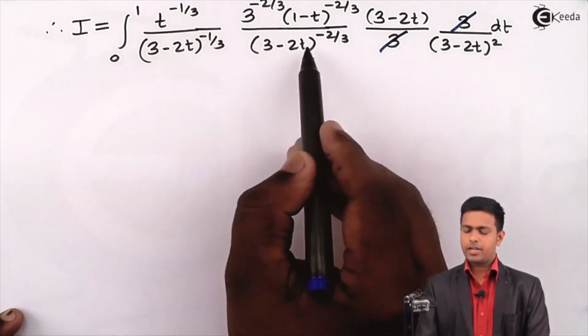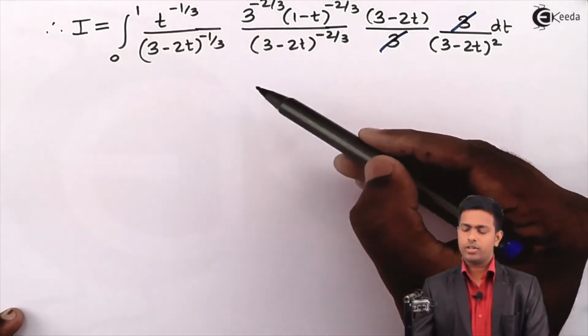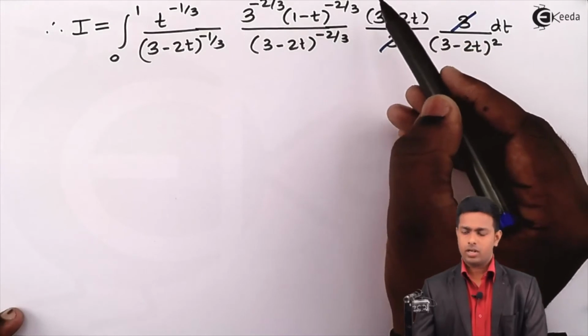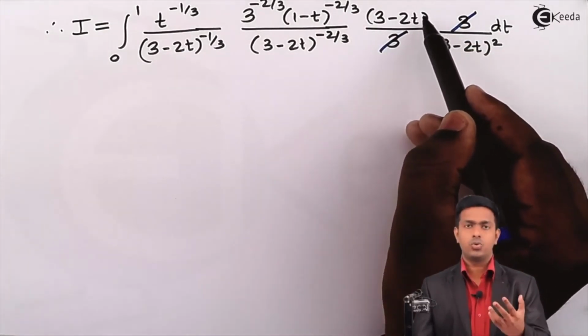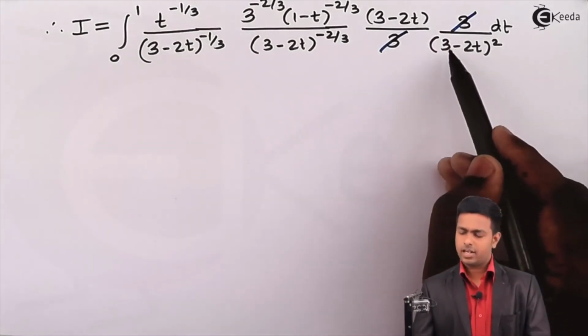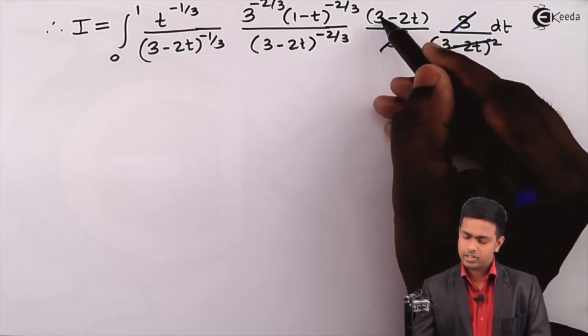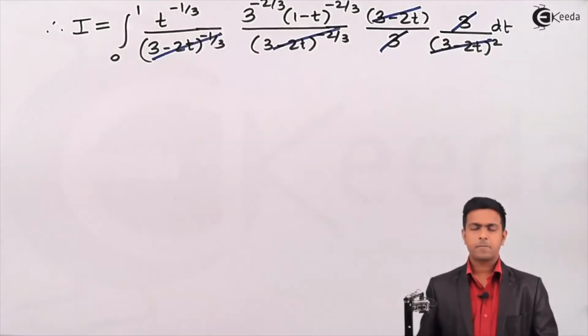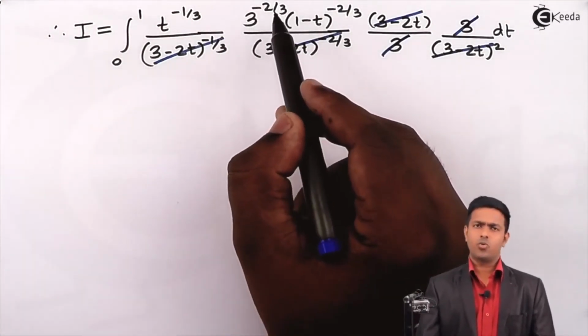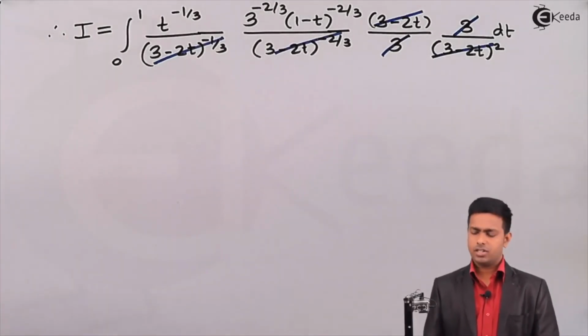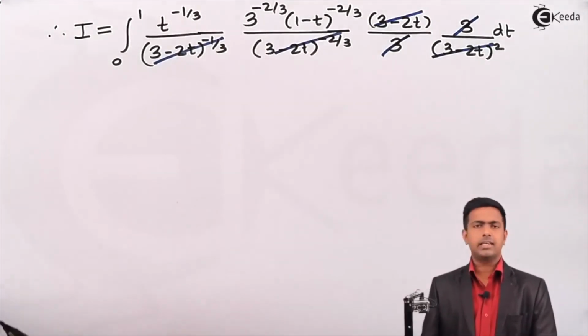Next, this 3 minus 2t raised to minus 1 will go in the numerator, will become positive 1, and that positive 1 and this positive 1 will become 3 minus 2t raised to 2, which will be cancelled with this 3 minus 2t raised to 2. So I am cancelling all these 4 terms. Now this term 3 raised to minus 2 by 3 is a constant, so we'll take it outside the integration and only 2 terms remain in the integration.